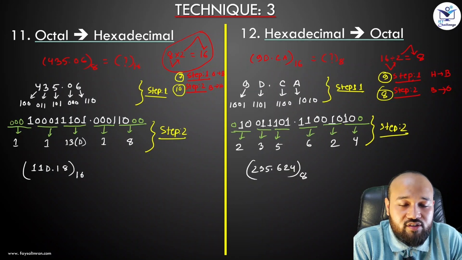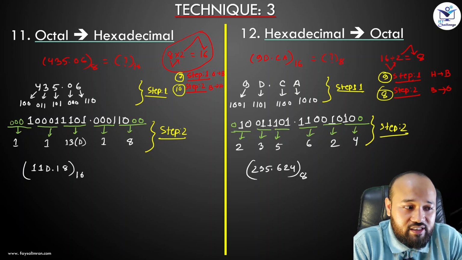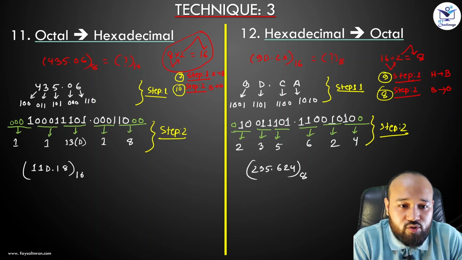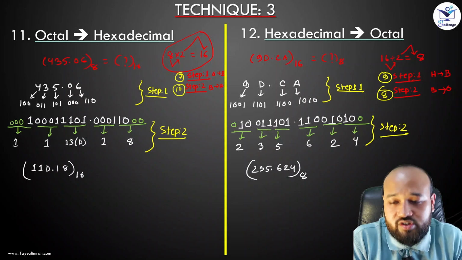Rules number 11 and 12 are actually derived from rules 7, 8, 9, 10. So there are two steps in these two rules.